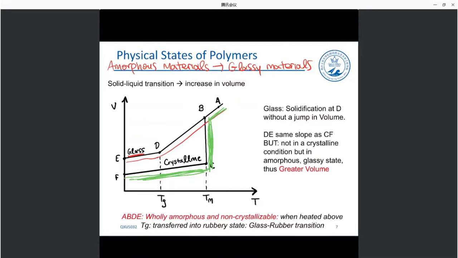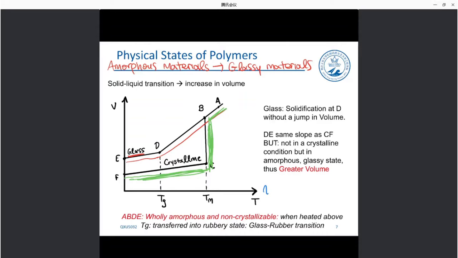As you can easily realize from this graph, we have a much higher volume for the case of the amorphous material compared to the crystalline material, okay? And that is relatively easy to realize, because let's suppose we have two chains.